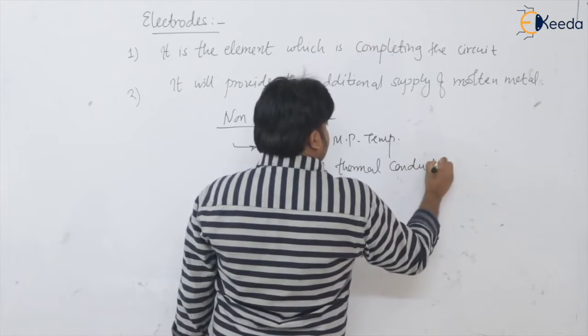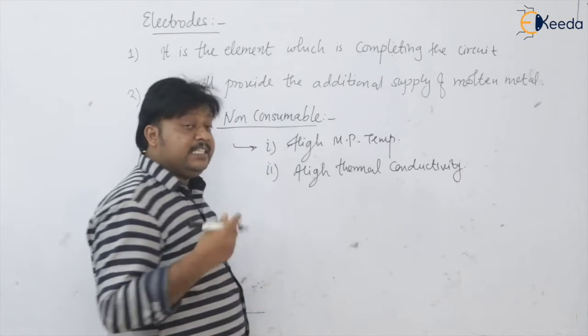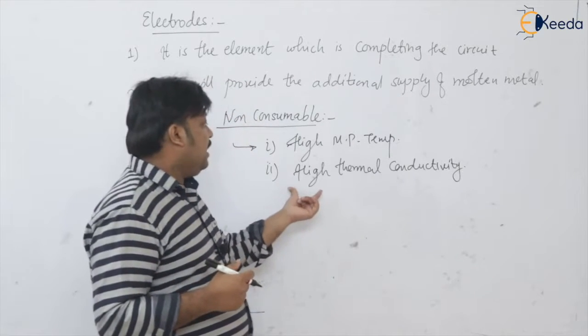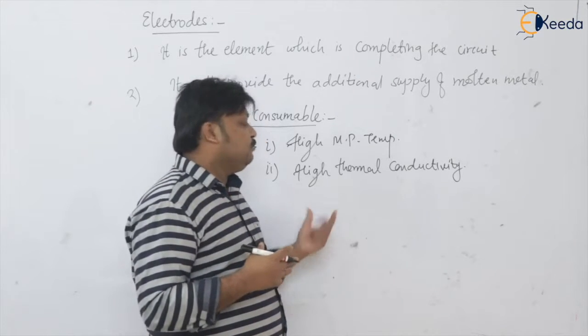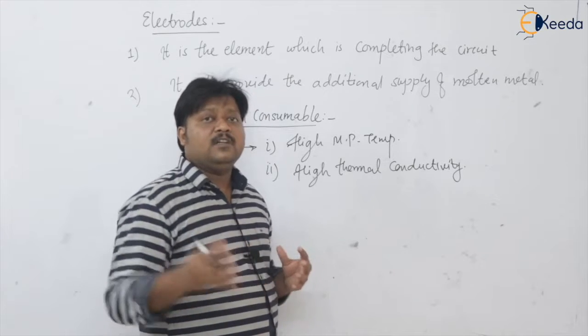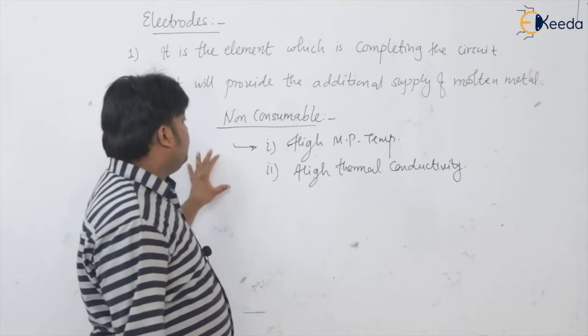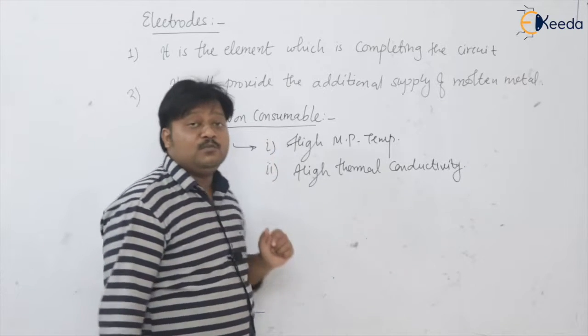As it is not getting consumed, it is heated, so it should cool from time to time, so it should have high thermal conductivity. Heat should not get generated in the electrode, it should be conducted, it should flow away. Okay, so this is the main characteristic or property for the non-consumable electrode.